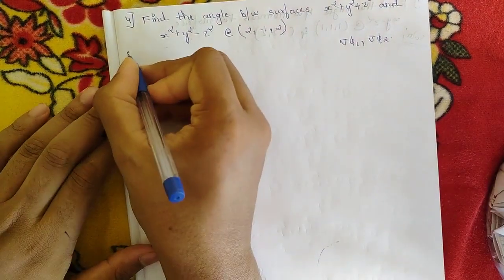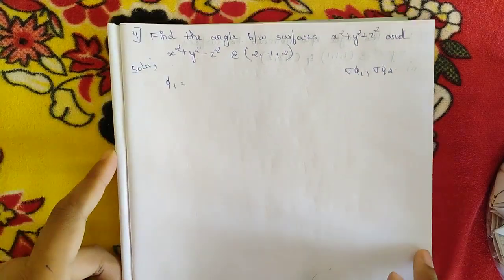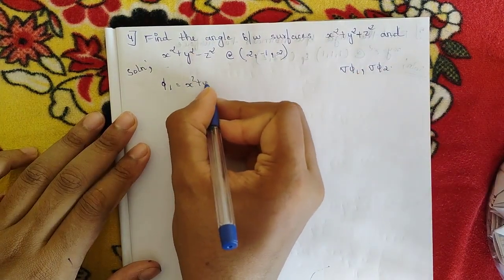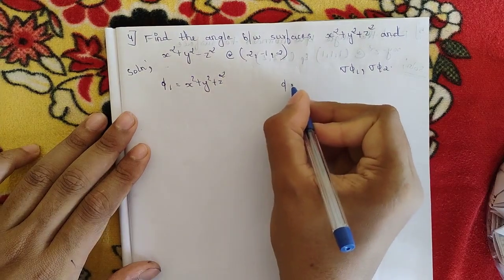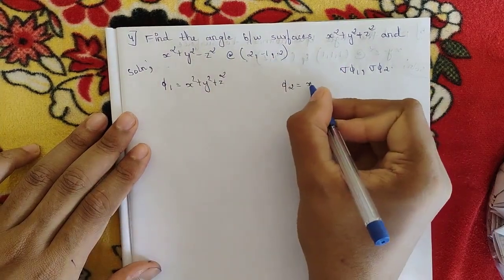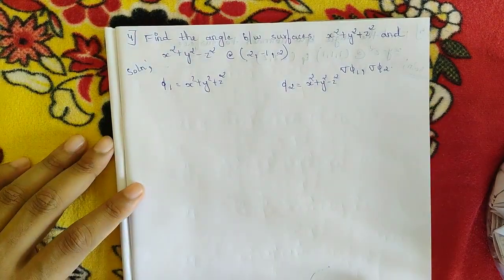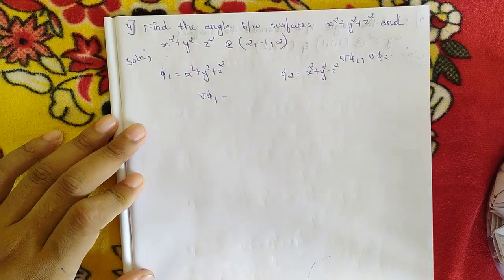So here first write the two surfaces. Phi 1 is equal to x square plus y square plus z square, and phi 2 is equal to x square plus y square minus z square. Now we should be finding del phi 1 first, gradient of phi 1.